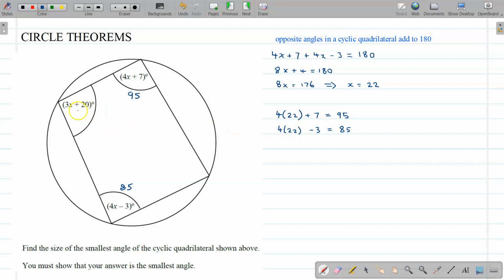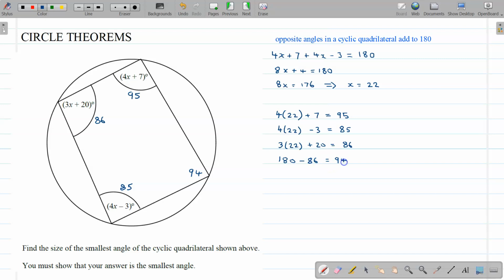And to find this third angle over here, we've got 3 times x plus 20, which is 66 plus 20, 86. And if that one's 86, then this one is 94, because it comes from 180 minus 86, which is 94.